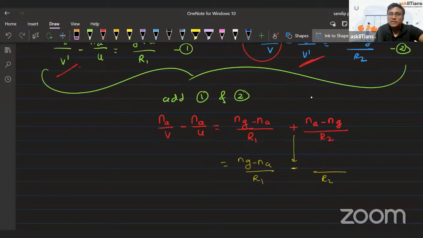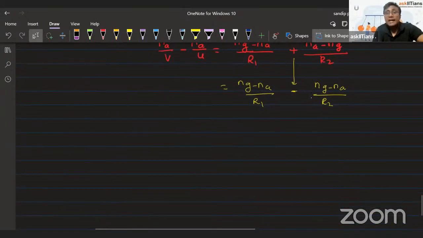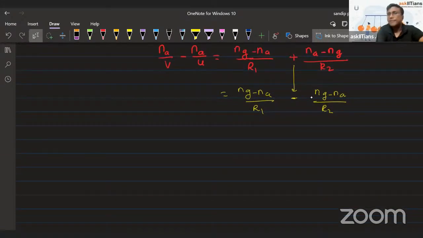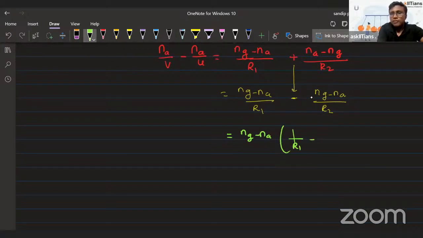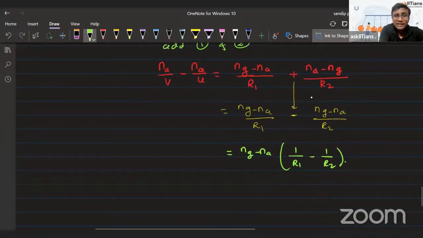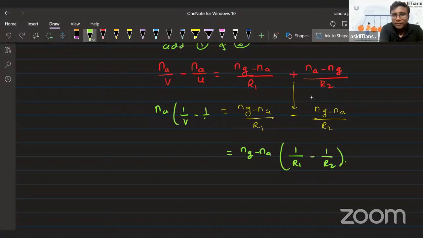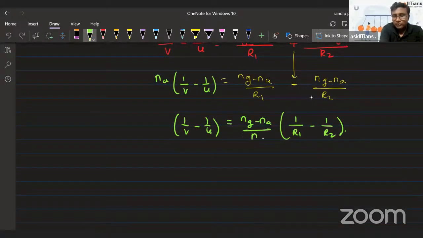Now after changing this, this will become Ng minus Na. So what is the benefit of that? You can see the numerator of both are the same now. So this will become Ng minus Na in bracket 1 upon R1 minus 1 upon R2. Here also, I can take the Na outside. So this will become 1 by V minus 1 by U is equal to this Na we will take to the other side.